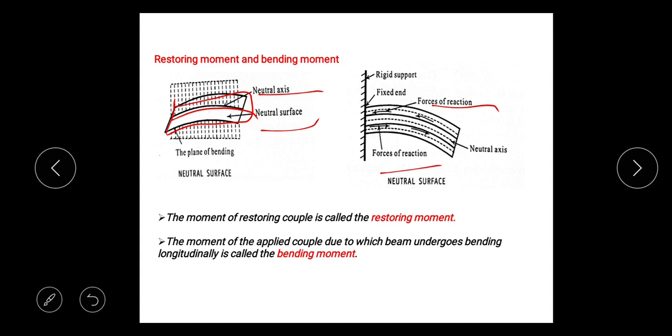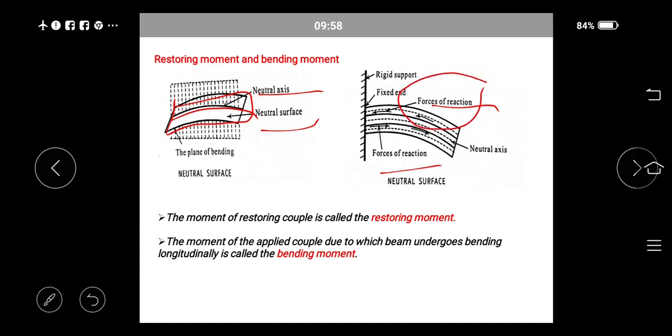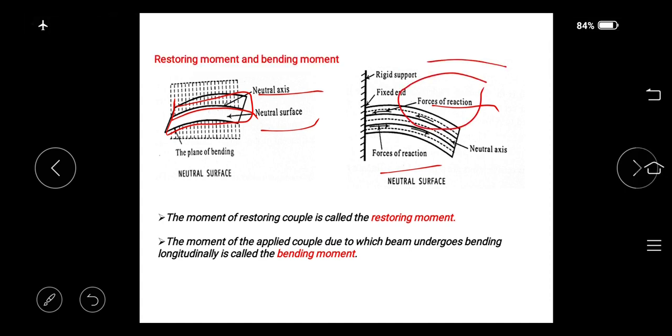So this force of reaction gives an inward pull like this. And this force of reaction gives an outward push like this. That means equal and opposite push and pull will be there, which is directed away from the fixed point.